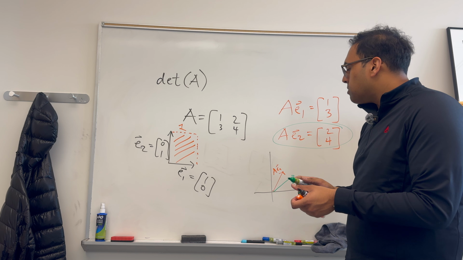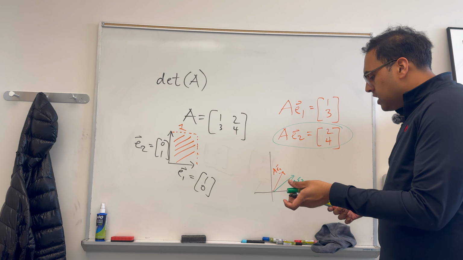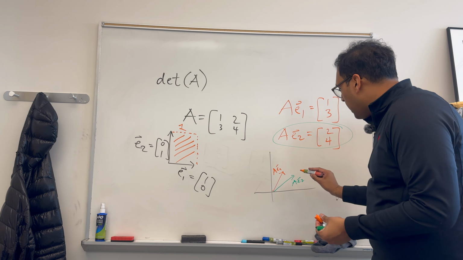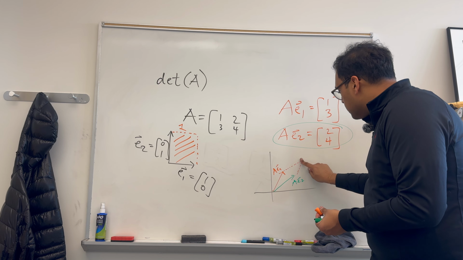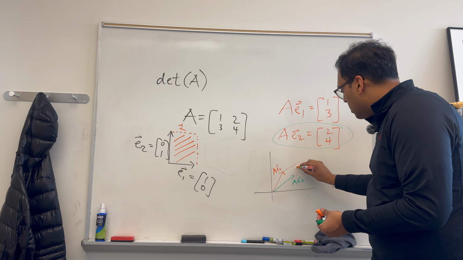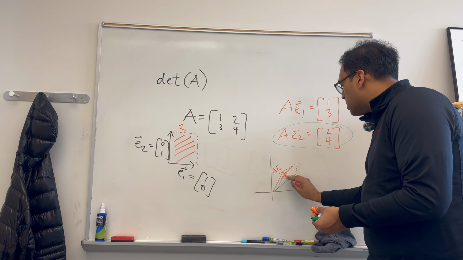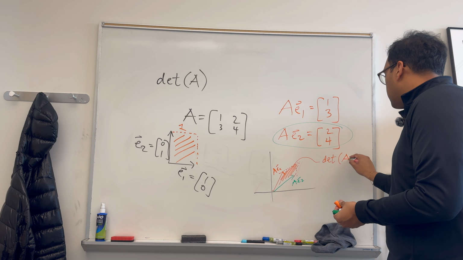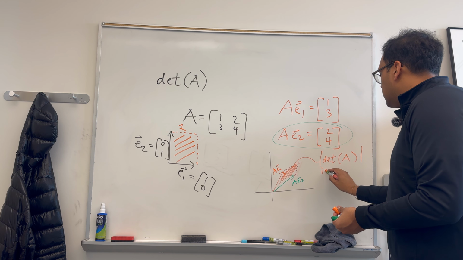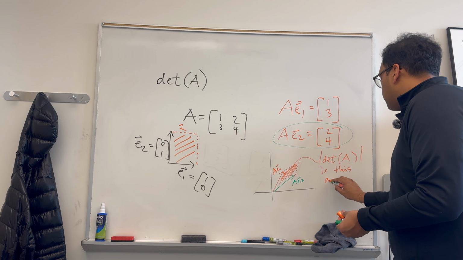So what does the determinant of this matrix describe? Its absolute value describes the area of this parallelogram. And in general, that's the name for this shape, the parallelogram. So the determinant of A, its absolute value, is this area.